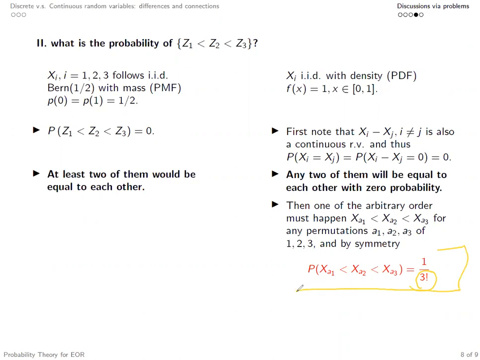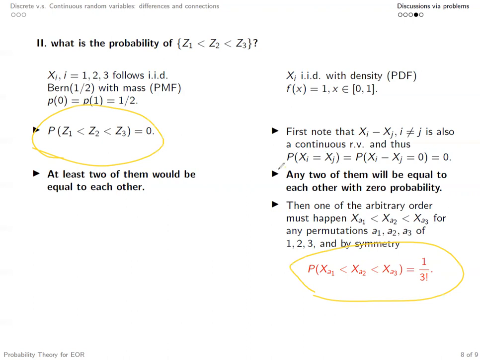So for each specific order, by symmetry, we know it's 1 over the number of possible orders, which is 3 factorial in this case. Very simple, right? By symmetry, we can derive the probability value of such ordering with IID continuous random variables. So this is kind of different from the discrete ones.